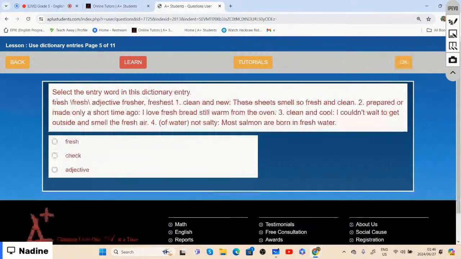It says select the entry word. What is the entry word? What is the word that we're looking for? Like we are searching the specific meaning of the entry word. Is it fresh? Or is it adjective?